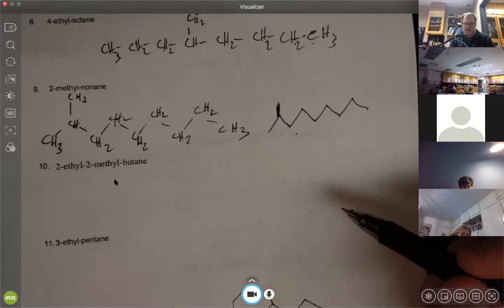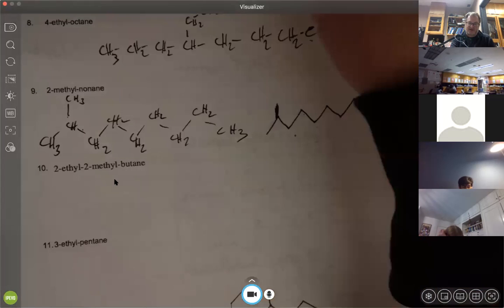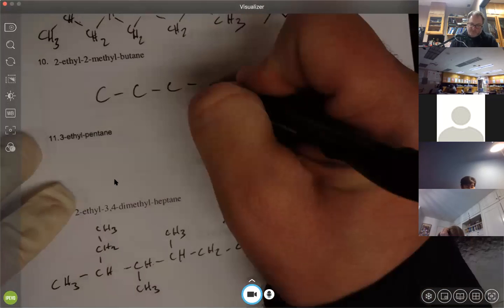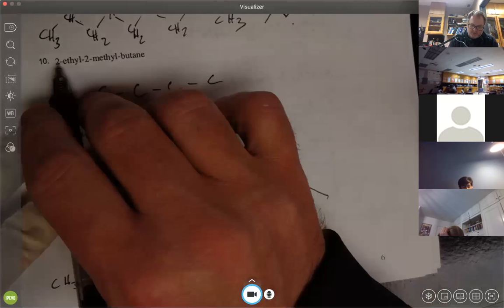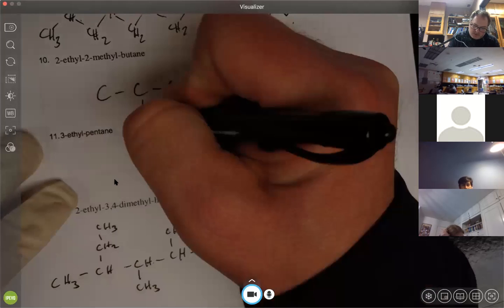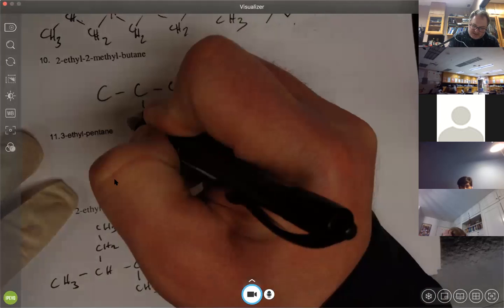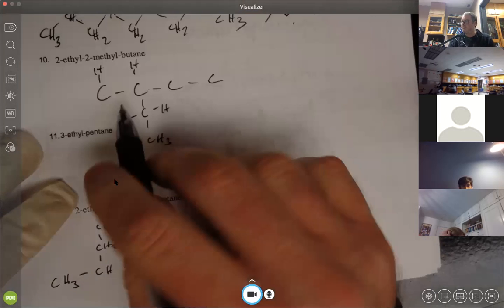And again, you could draw it out like this, or you could make it flat. In my mind, this and this are going to be the same, 2-ethyl. 1, 2. Oh, this is funny. You could put these out like this if you wanted to. Oh, I just messed up.